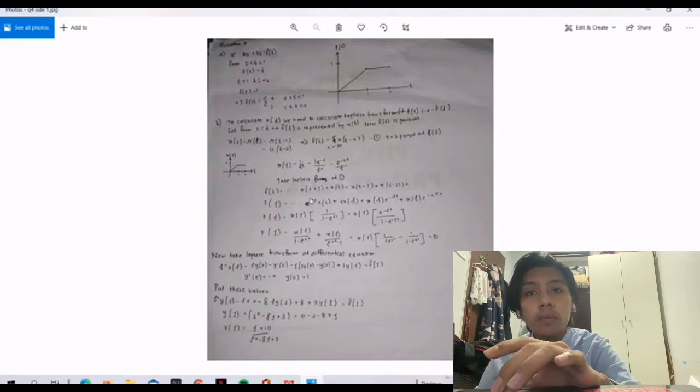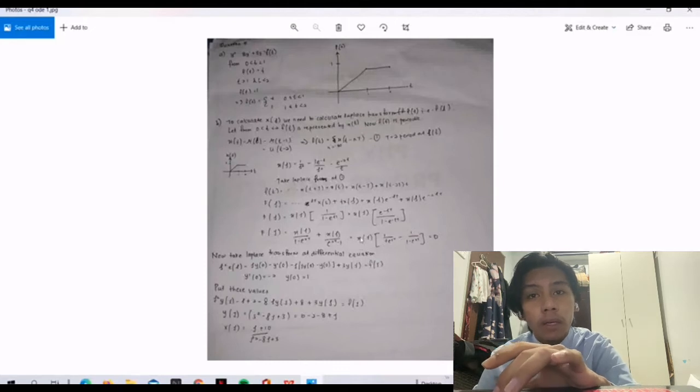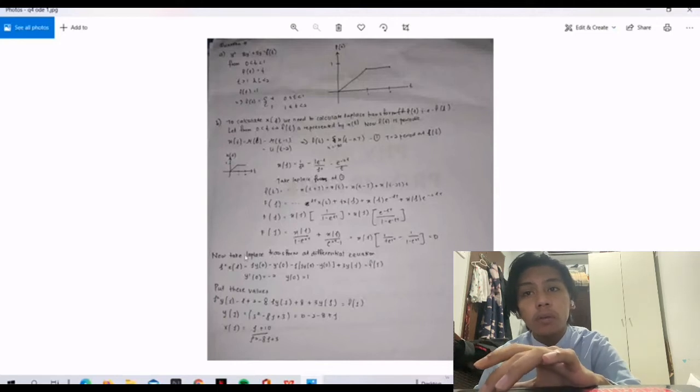Then we do the calculation where we will get f(t) equals this. Then we take the Laplace transform of the differential equation where y prime equals negative 2 and y equals 1, and we put in these values, we will get x(t) equals this.